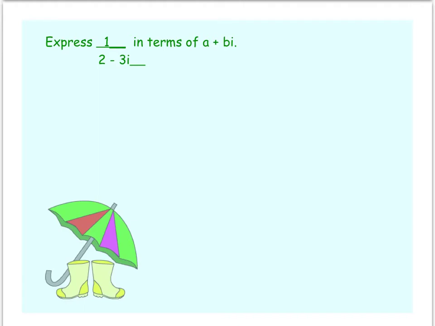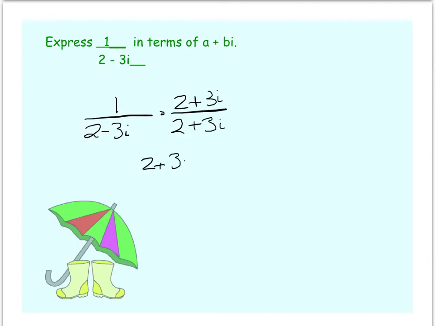So, we want to express 1 over 2 minus 3i in terms of a plus bi. And remember, we don't like complex numbers in our denominator. So I'm going to take 1 over 2 minus 3i and multiply it by the conjugate over itself. So 2 plus 3i divided by 2 plus 3i. So the top is just going to be 2 plus 3i.